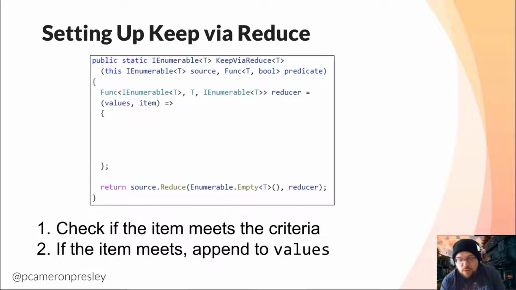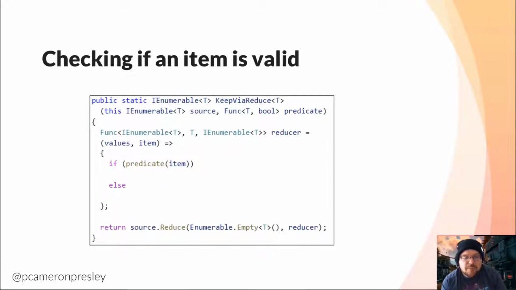So once again, what function or what thing do you think we could use to check to see if item meets the criteria? We can use the predicate, right? Because it's already being passed in as part of keep. So now that we've got that, we can say if predicate item, we're going to run some logic.